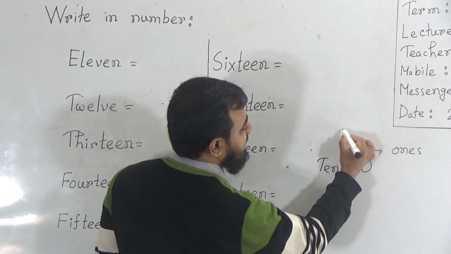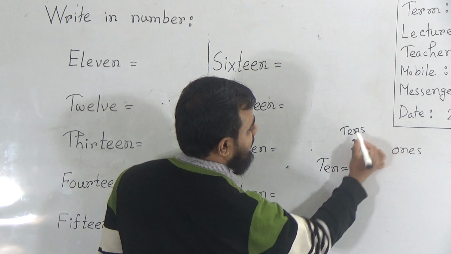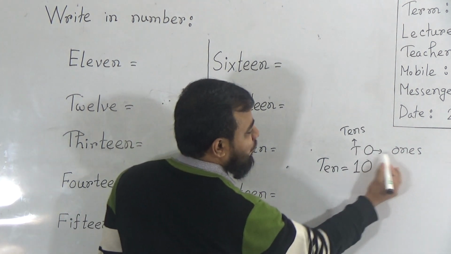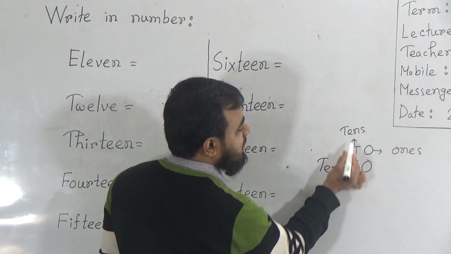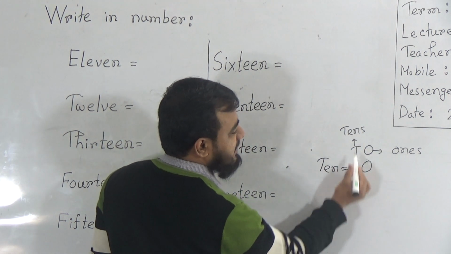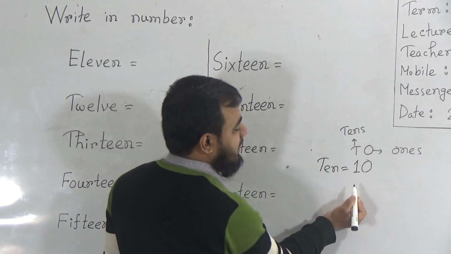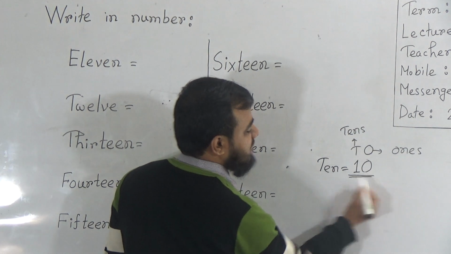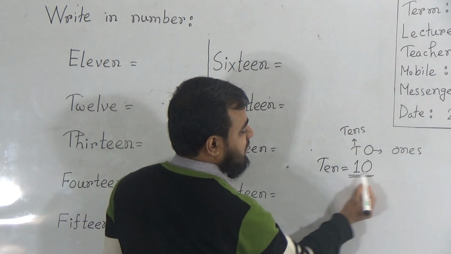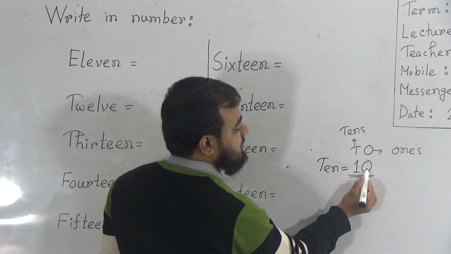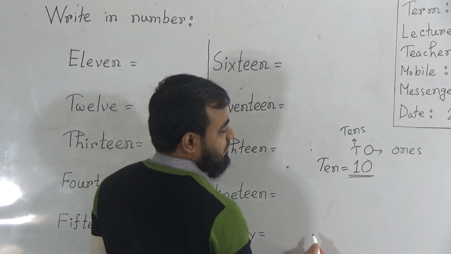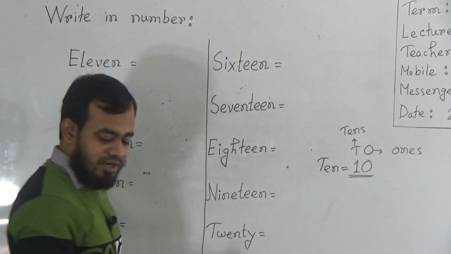T means tens position. Dear students, O means ones position and T means tens position. That means 1 in the tens position and 0 in the ones position make the number 10.